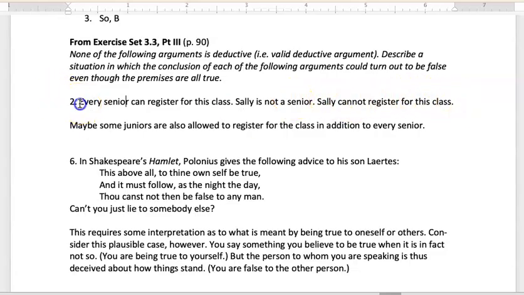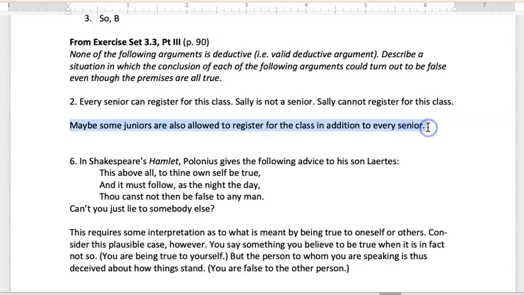Well, if we really think about this first premise, every senior can register for this class, it doesn't say anything about non-seniors not being able to register. It's just that every senior can, but maybe some juniors have enough credit that they can also register for the class. Sally is not a senior, but maybe she's one of these juniors that has enough credits, so she can also register for this class.